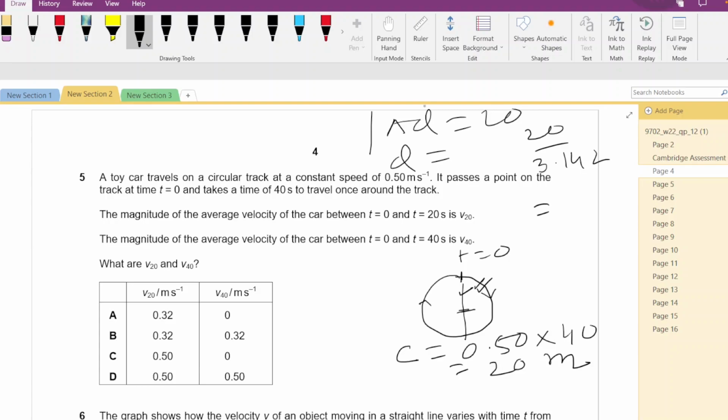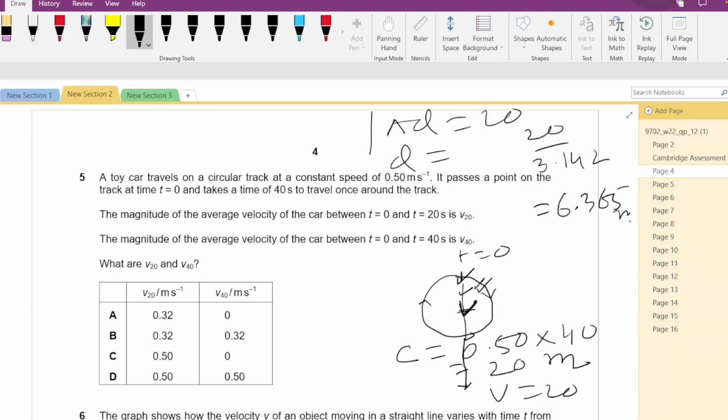This gives 6.365 meter. This is the length of the diameter. At t equals 20 seconds, the car in fact travels from here to here.